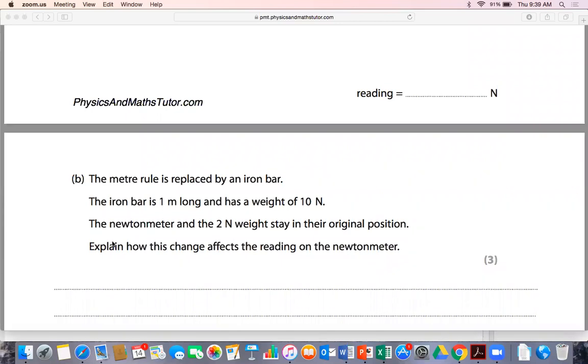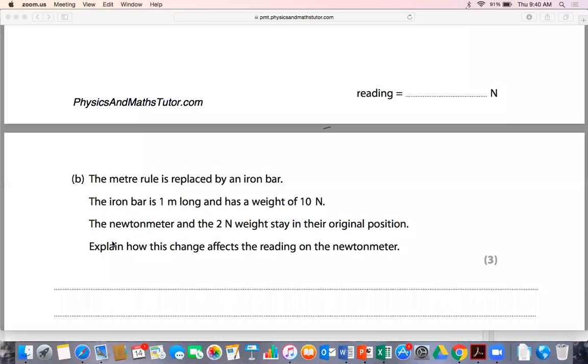Then you say, because the weight of the bar will be heavier, because it's iron. Okay, so this will mean that when the weight of the bar is higher, what will happen to the moment? Bigger or smaller?